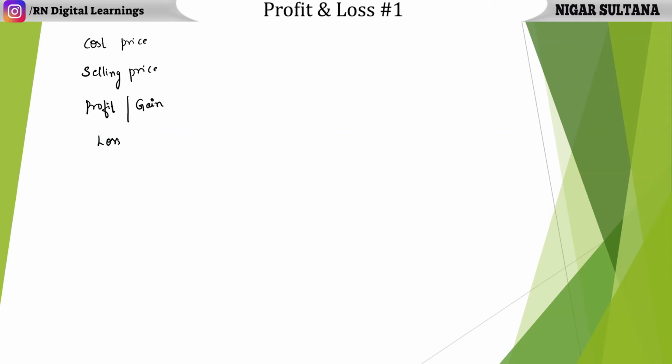Now first I will be explaining the scenario of what is the loss, what is gain, then what is the cost price, selling price. Suppose we have one material, or let me take an example of a book. I have a book whose cost price is 100 rupees.